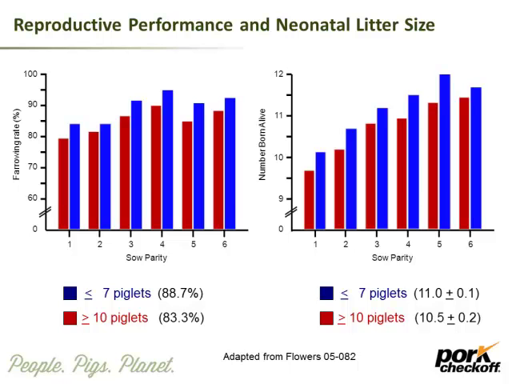And the same holds true for the number of pigs born alive by those females. In fact, over 6 parities, sows that are raised in litters of 7 piglets or less had a half a pig more than those sows that were raised in litters of 10 piglets or more. So that's pretty dramatic results, right?